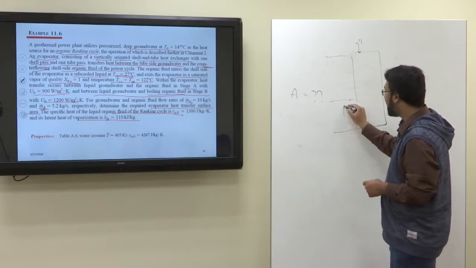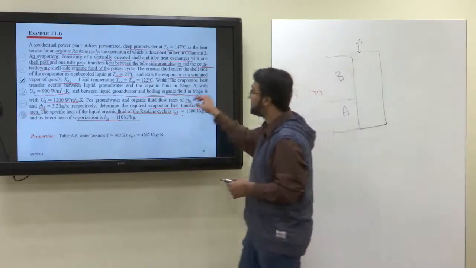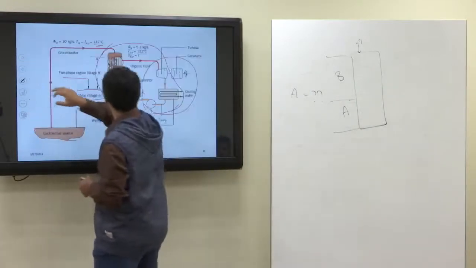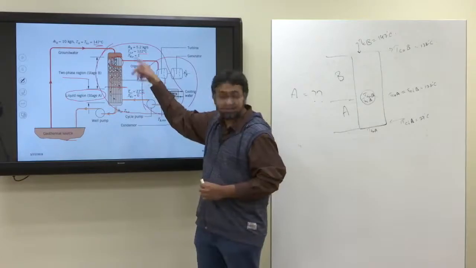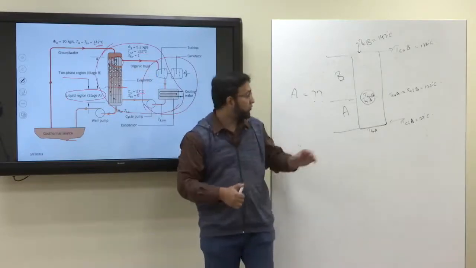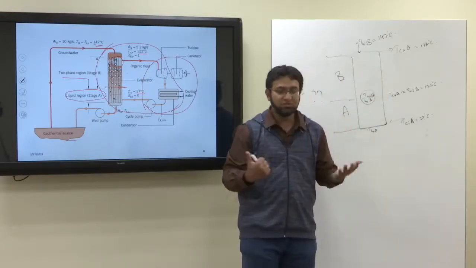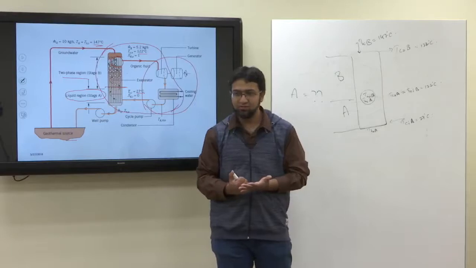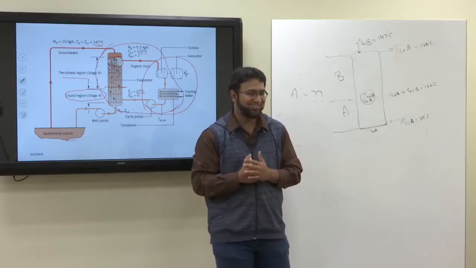This is stage B, this is stage A. Boiling occurs, saturation temperature is 122. So boiling occurs in this region, and the temperature will not change while boiling is occurring, as you have studied in thermodynamics.